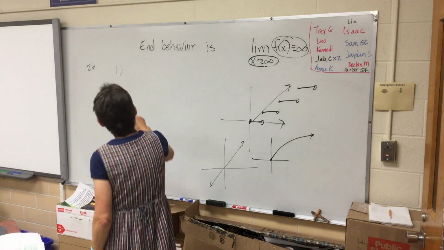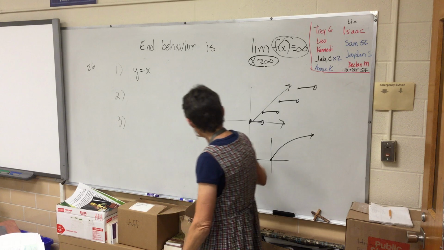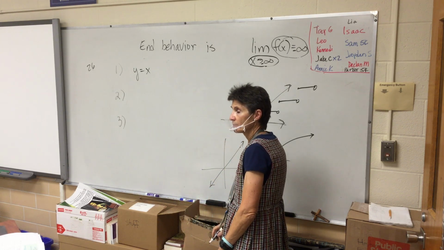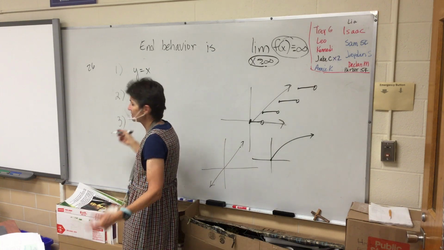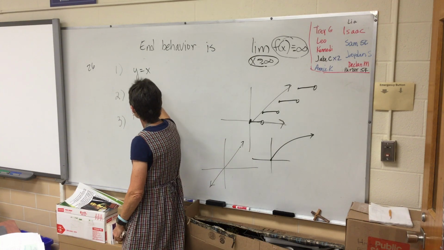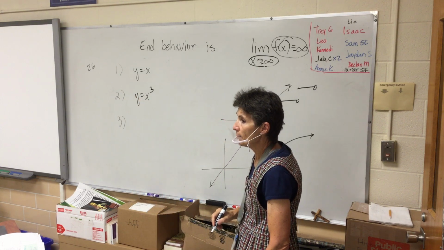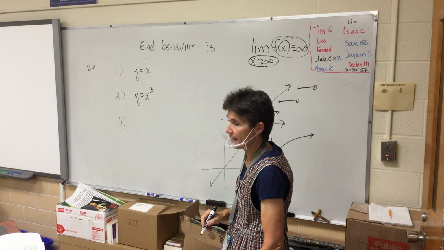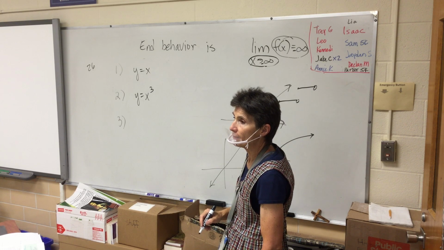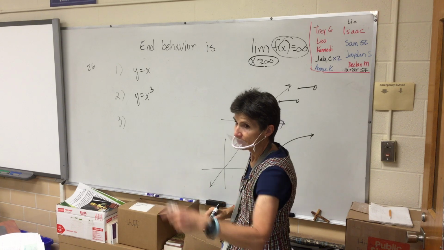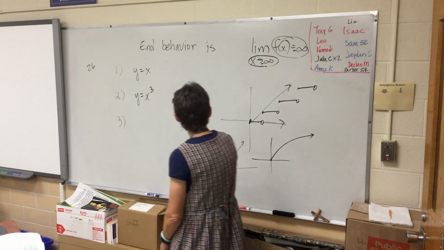Linear, absolutely. It shoots down like that. Cubing. Linear and cubing have many of the same features, don't they? There's one more. As you go to the left, you're going down forever and ever. Okay, let's look at the reciprocal function.